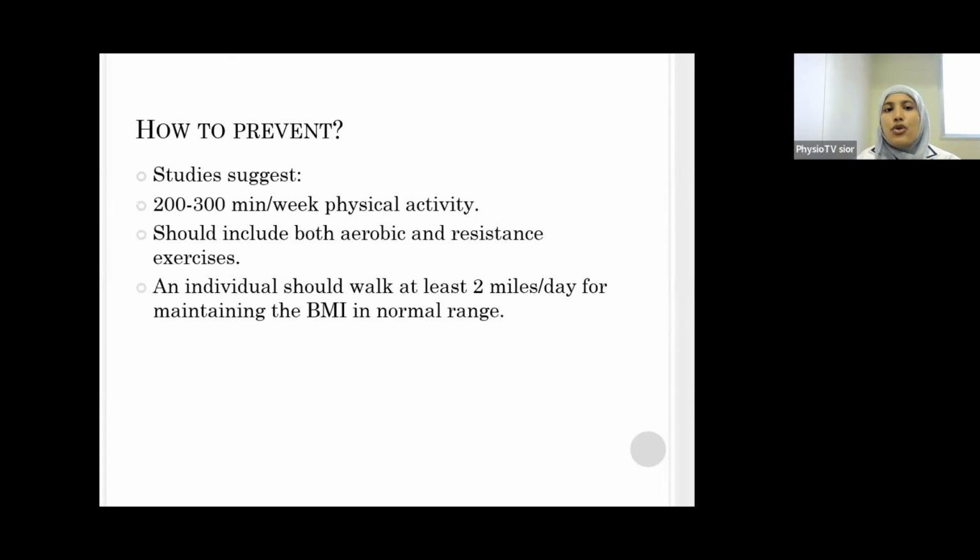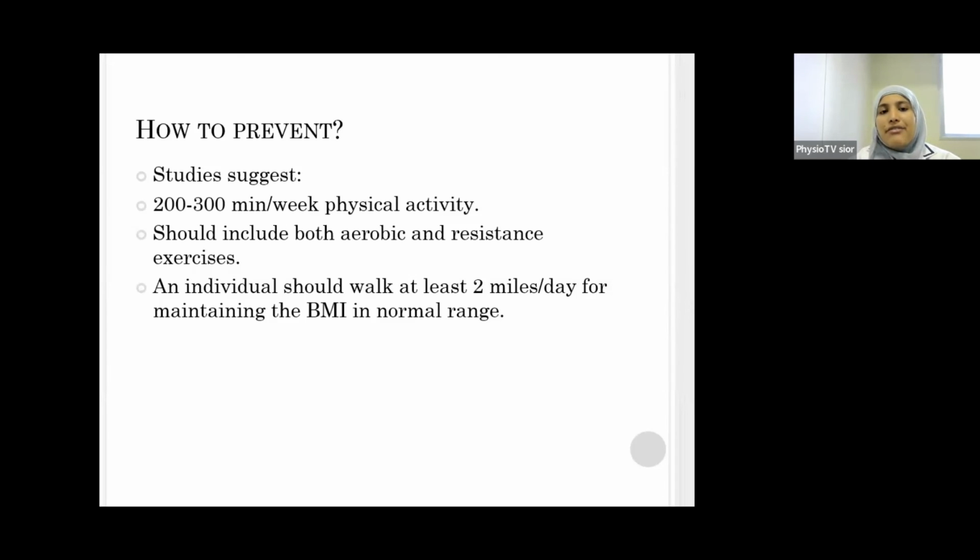Studies have shown that a minimum of 200 to 300 minutes per week of physical activity, including aerobic exercises as well as resistance exercises, can be helpful in prevention of obesity. Resistance exercises are also known as your weightlifting exercises. If you divide 300 minutes, it is hardly 30 to 45 minutes per day of physical activity.